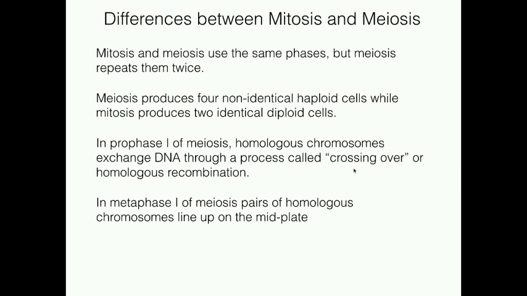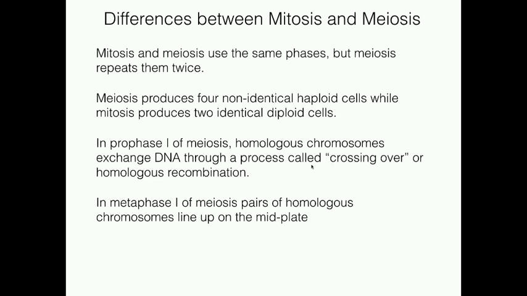Basically, what this means is that you don't pass on an entire chromosome that's the chromosome you got from mom. Any chromosome you pass on is going to be a mishmash. It's got some of the chromosome you got from mom and some of the chromosome you got from dad, all kind of patchily mixed together in it. This increases genetic diversity.